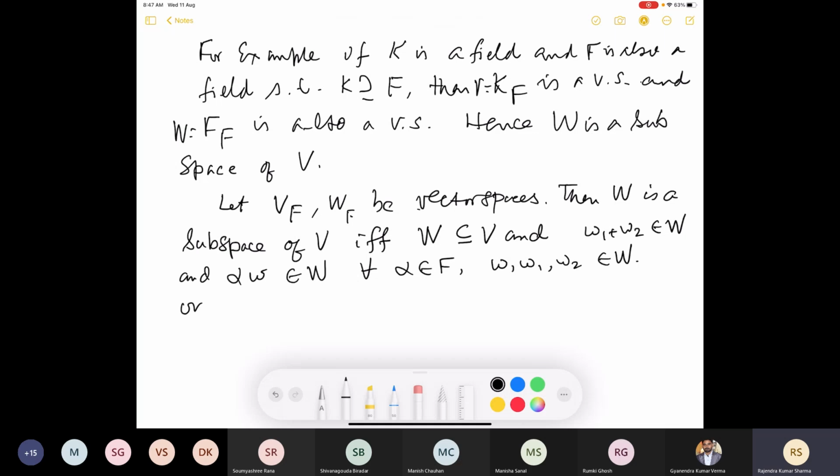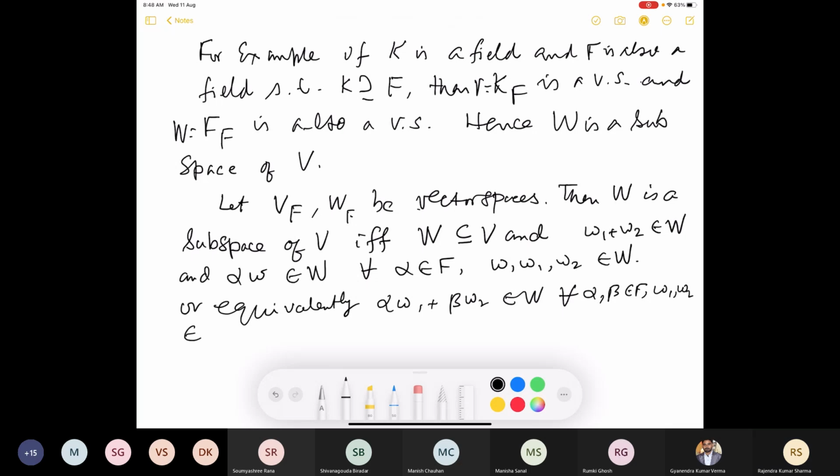Or equivalently, you can say that alpha W1 plus beta W2 belongs to W for every alpha, beta in F and W1, W2 in W. So these two conditions are equivalent.